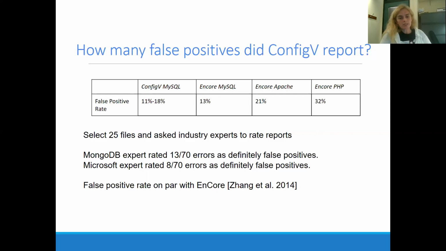When we compare this to existing tools like Encore, a similar tool from 6 years back, working on similar projects with a very similar approach but without association rule learning, we saw that the false positive rate is in around the same ballpark.